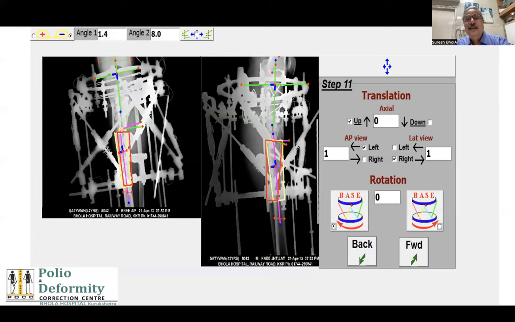And in the lateral view, we want to create a flexion deformity so that the plateau can be put into the desired position. You just have to direct the hinge support so that both the corrections can be done in one.